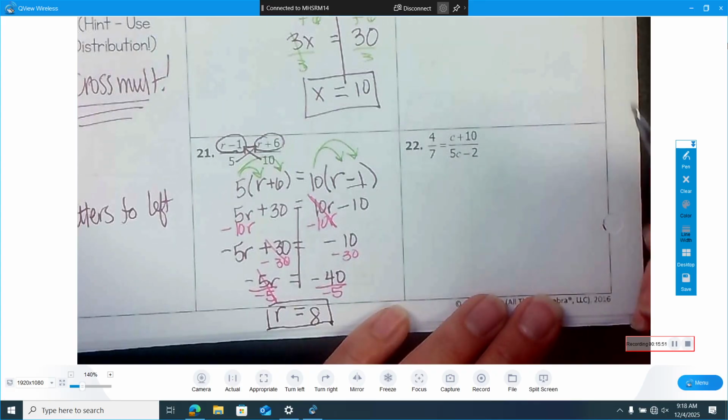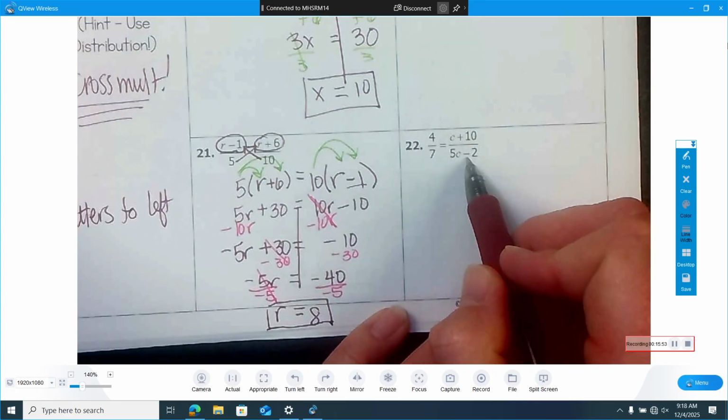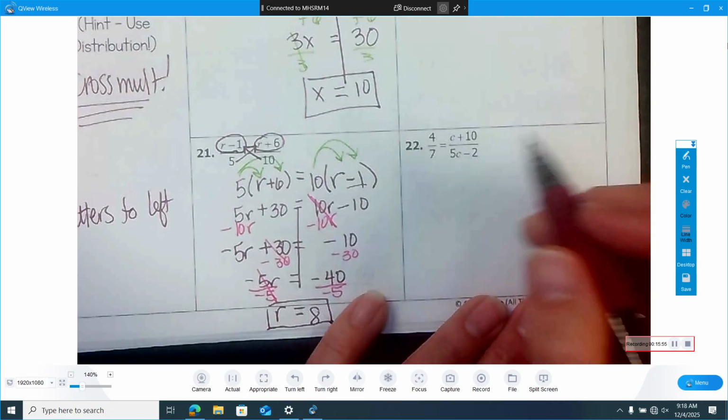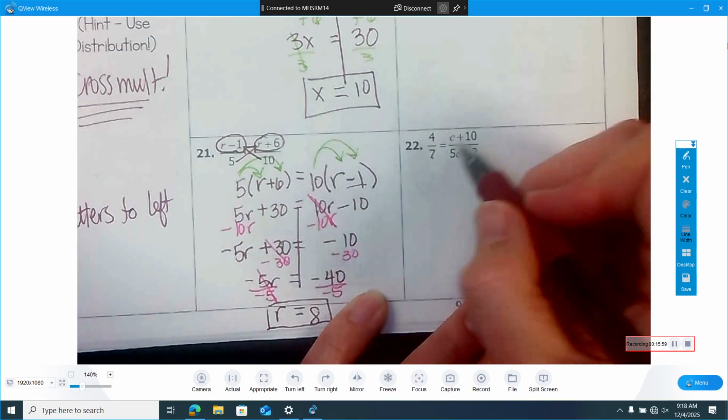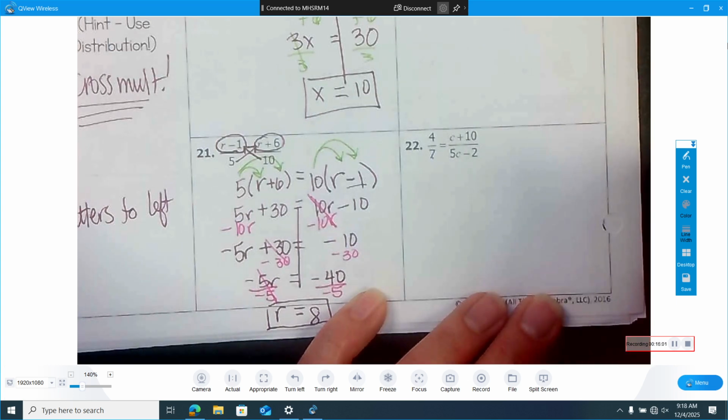All right, so again, we have a fraction equal to a fraction, which is a proportion, and so we are going to cross multiply. What should I multiply?